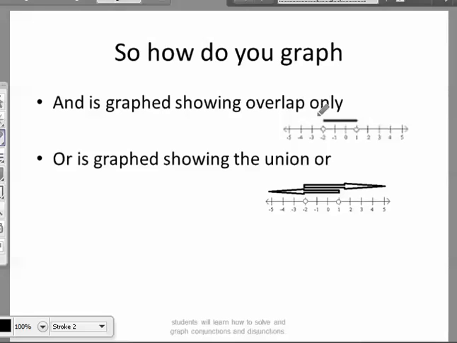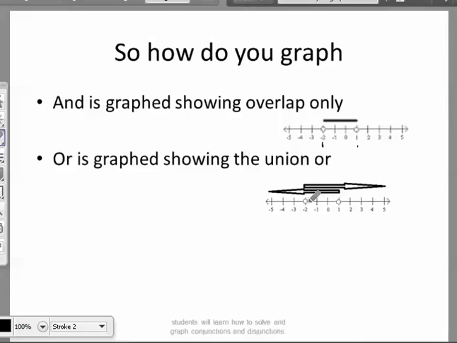So how do you graph things like this? Well, and is typically graphed as an overlap between two things. So here I've got x is greater than negative 2 and x is less than 1. Or is typically graphed as a union of two things.